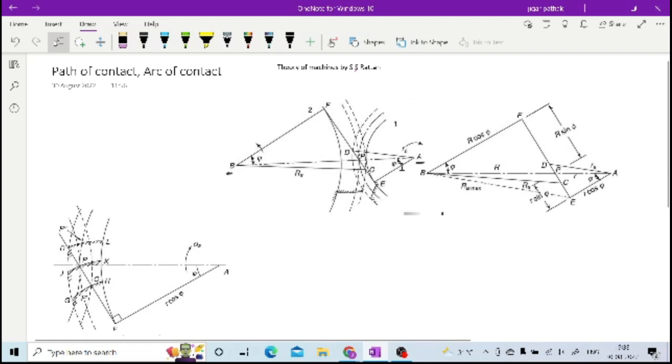As I have told you here, your gear A and gear B are in mesh with each other, and as you can see here, you have that point C, which is the addendum of this wheel, or your gear. We have gear and pinion, right?